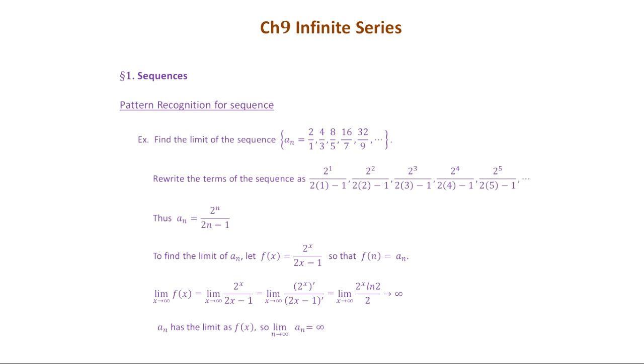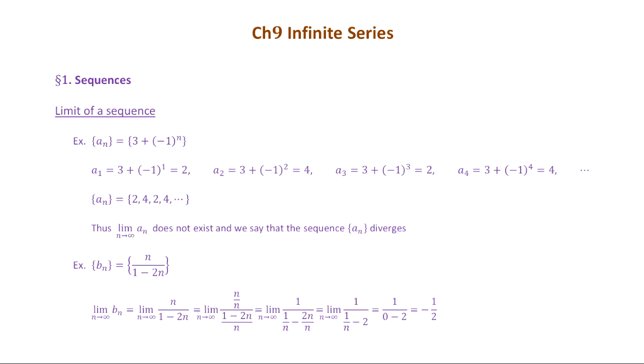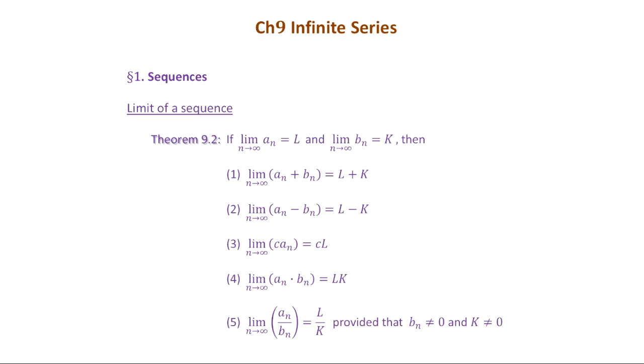Then we want to find the limit of the sequence. In order to do that, we can define a function based on the sequence. So let's let f(x) equal 2 to the x over 2x minus 1. Just change n to x. Then obviously f(n) equals a_n.